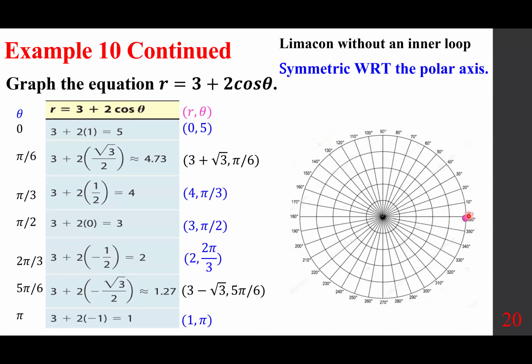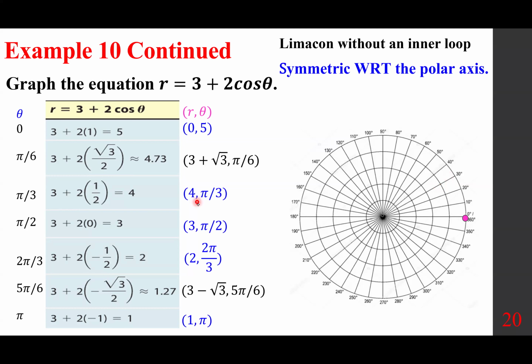Remember, first you go with the angle. I can do that with 4.73, roughly pi over 6 or 30 degrees. 4.73, just for the sake of argument, 30 degrees. So this is 1, 2, 3, 4.73 somewhere here.